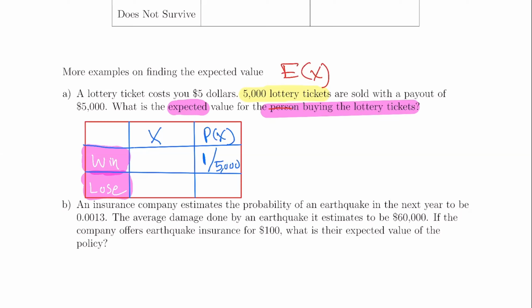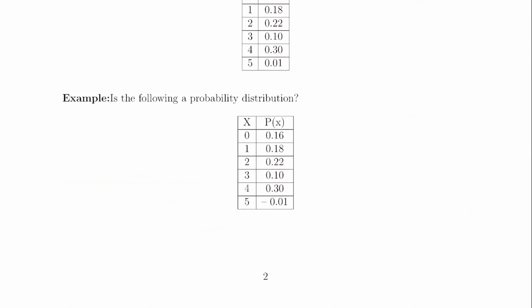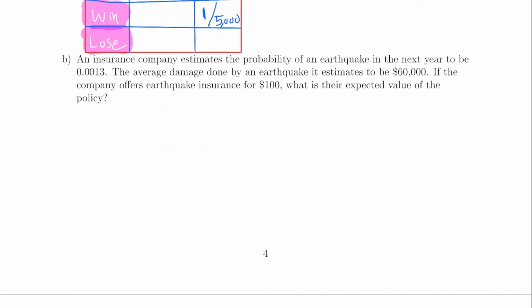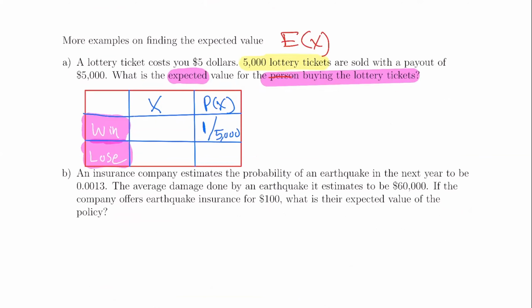If we only have one winner out of 5,000, then out of the 5,000 people, you subtract 1 and you get 4,999. That's how many people are going to lose. So for the probability of this person losing, it'll be 4,999 divided by 5,000.